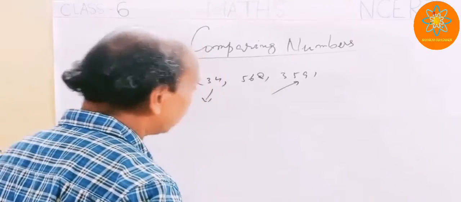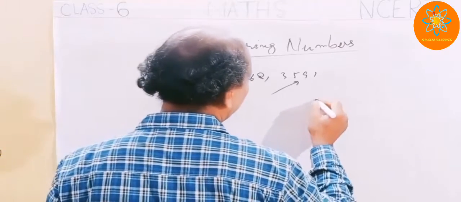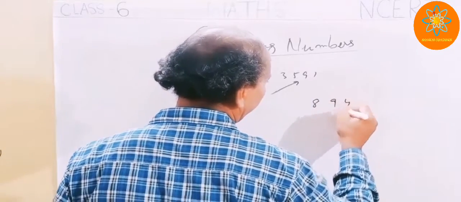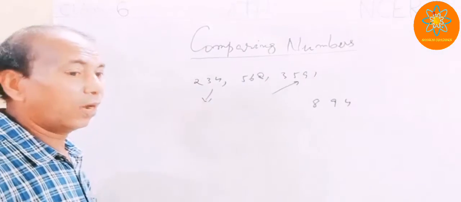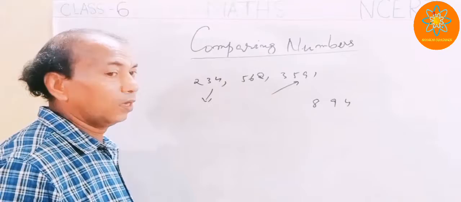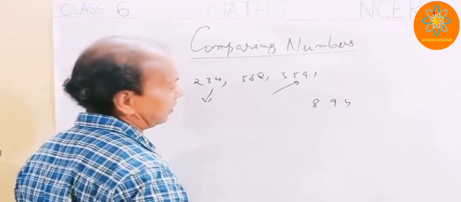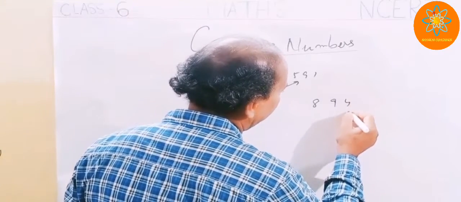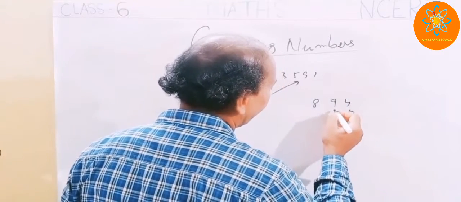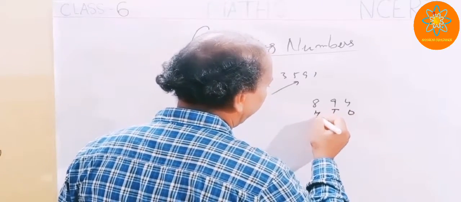Now let us suppose any digits I have given. Suppose 8, 9, 4 is given, and we want to shift the digits. So how do we shift the digits? This is at the ones place, this is at the tens place, this is at the 100 place.